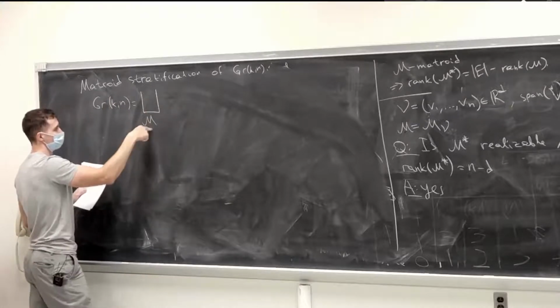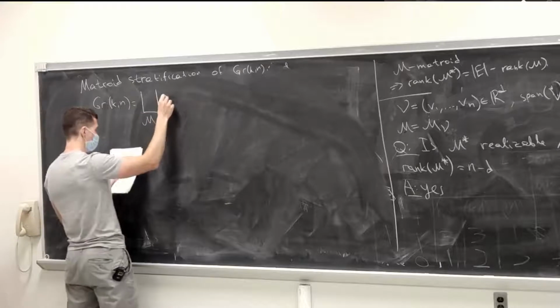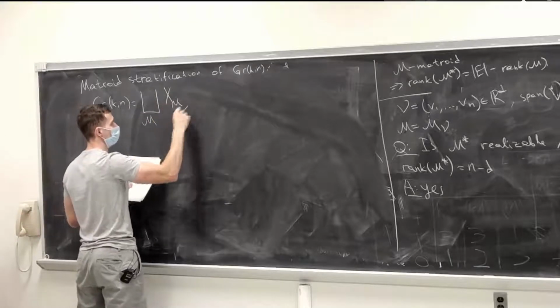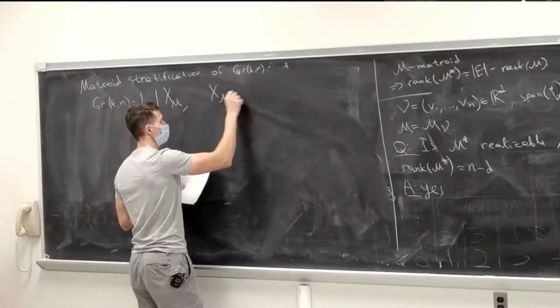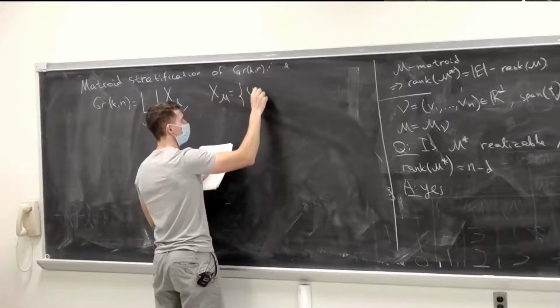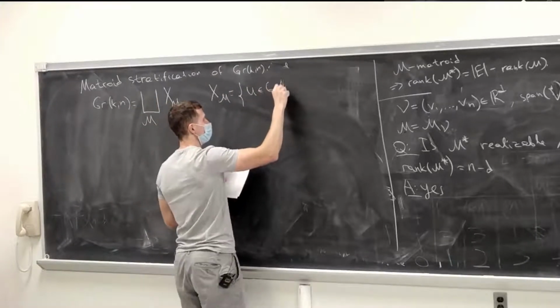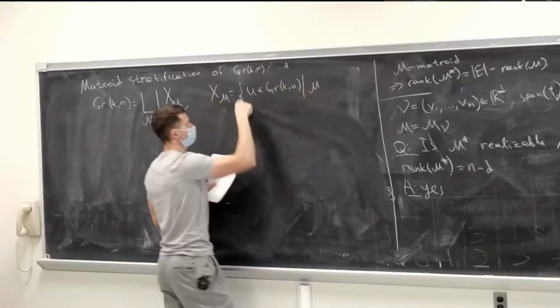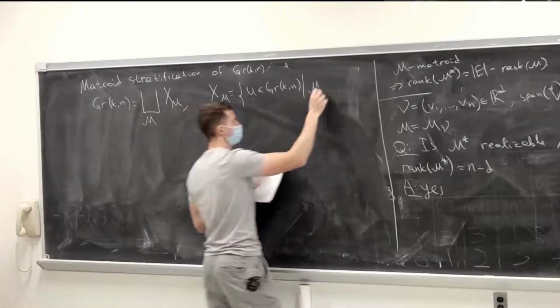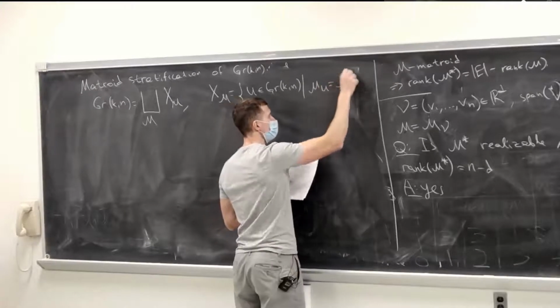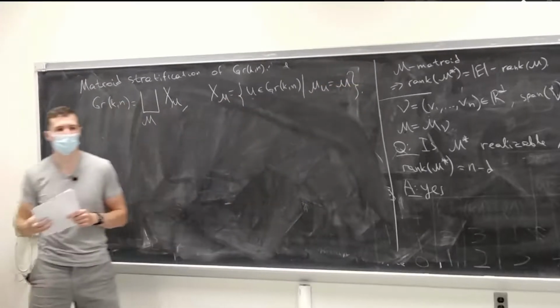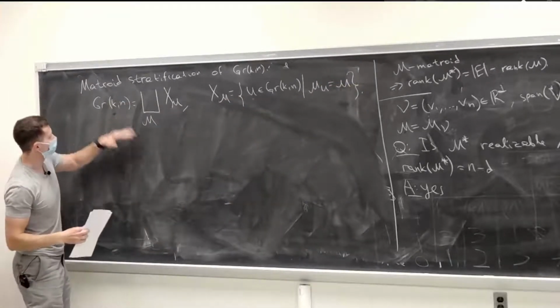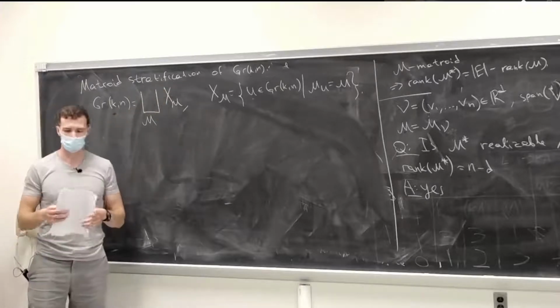You write it as a disjoint union over all matroids M of X sub M, where X sub M is the set of all U inside the Grassmannian which have the given matroid M. We have the whole Grassmannian subdivided into these little pieces.